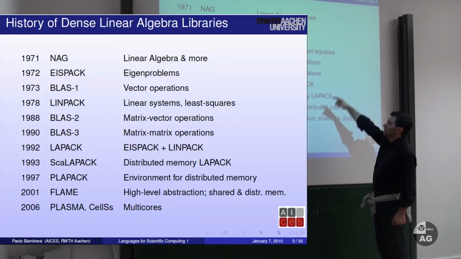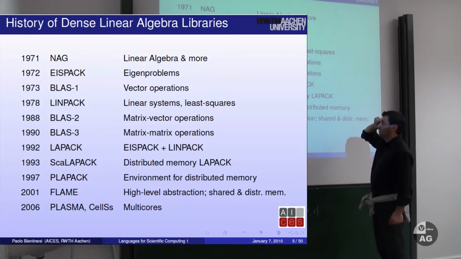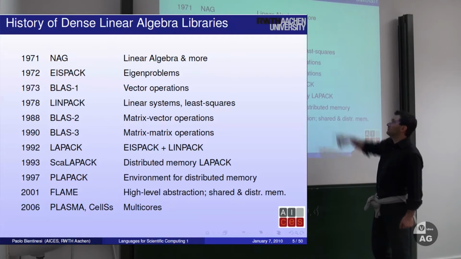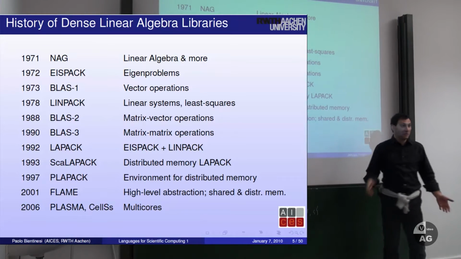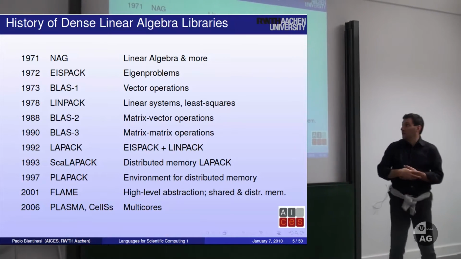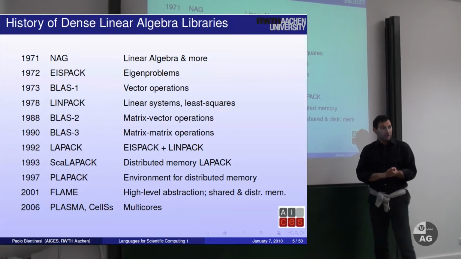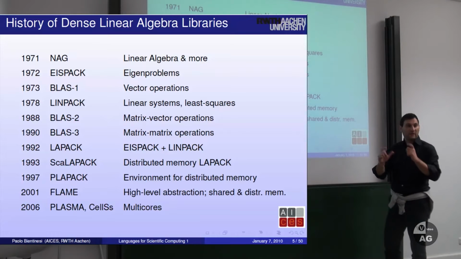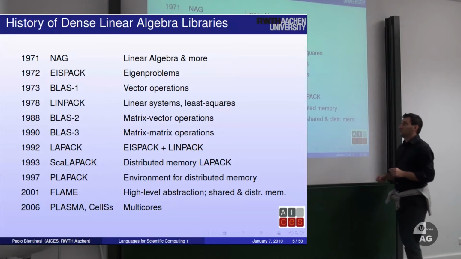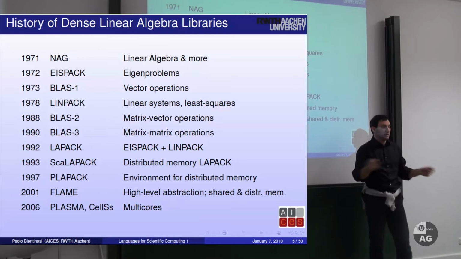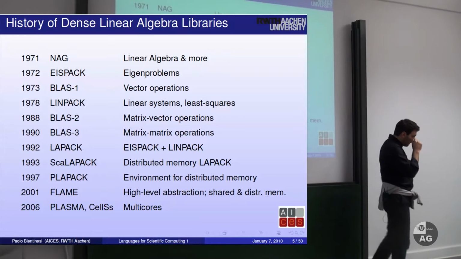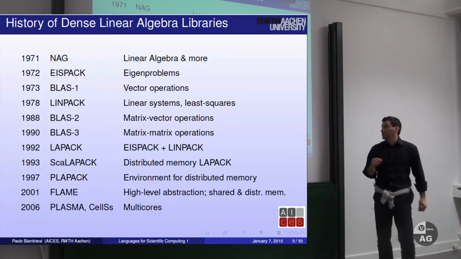And what happens between LINPACK and BLAS2 is the advent of caches, cache memories, and that really changed everything again, because now it's not about optimizing the operations, but it's about optimizing the data movement. I have a slide that explains this.